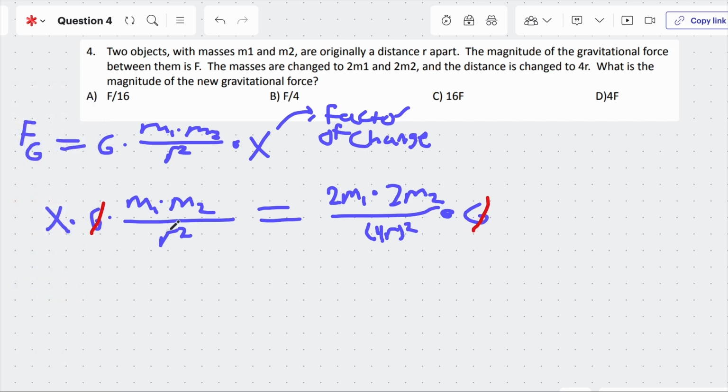Bam. Okay, and then we have this whole mess here. We have an m1 and an m1 on both sides, so we can cancel those out. This does not get rid of the 2. The 2 will stay there. We have an m2 and an m2 on both sides. Cancel those out. Oh, and these both were on the top of the fraction, so we know we're good to go there.